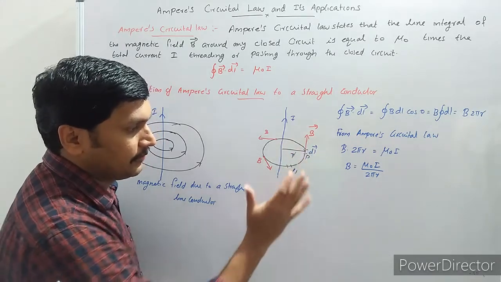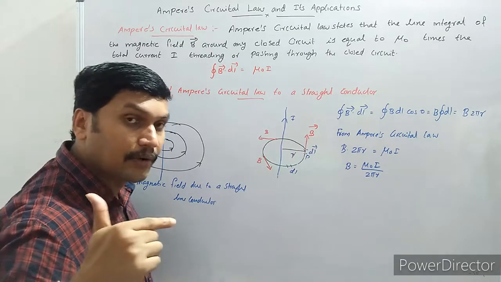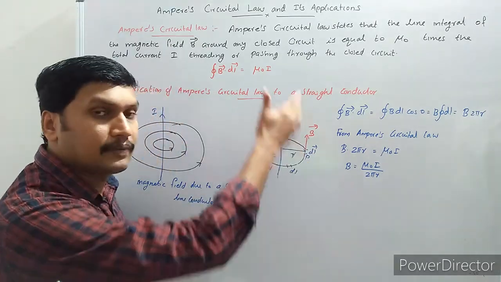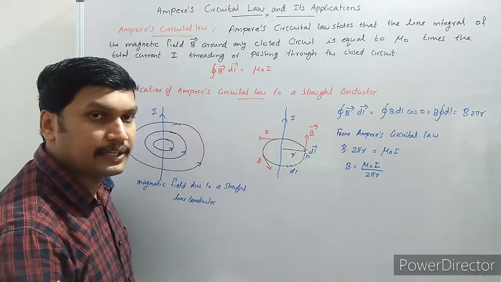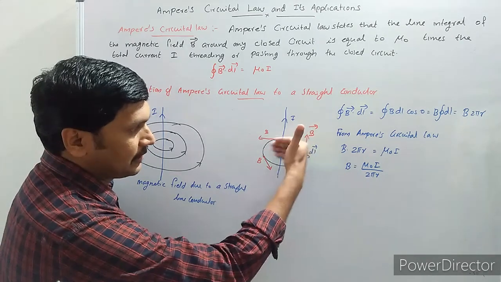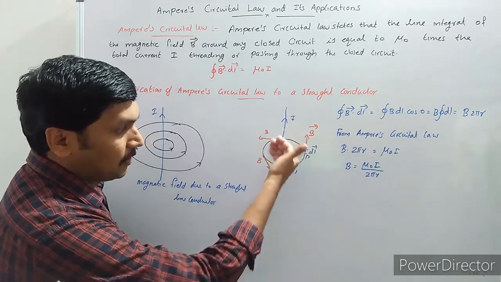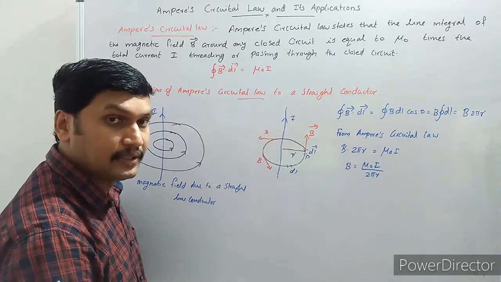At this point, if you are grasping the conductor like this, at this region the magnetic field is going perpendicular to the plane of this board and inward. Perpendicular to the plane of the board and inward. At this point, suppose the point is here, we are holding the conductor like this. Actually, all these curved fingers are coming out of this plane.